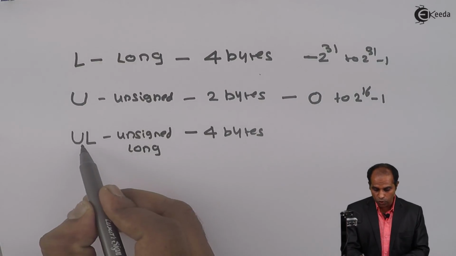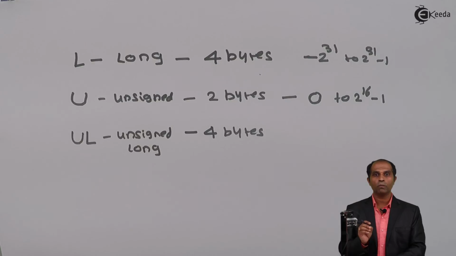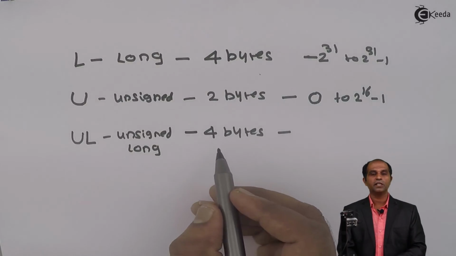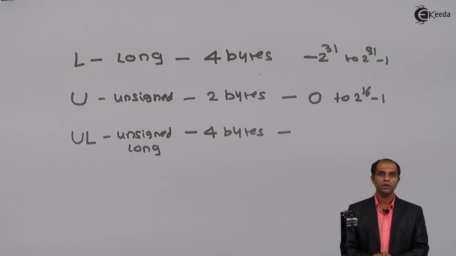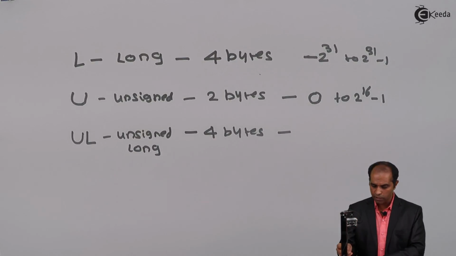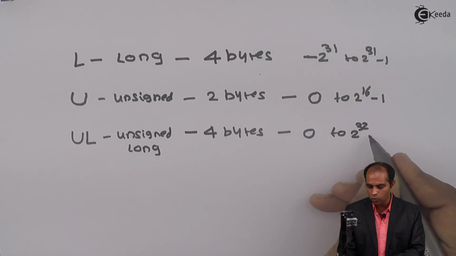As a character U is associated, this says that this is going to store purely positive values, hence the range will make a big difference. So 4 bytes is 32 bits. We are not going to give any single bit for sign. So all the 32 bits will be used for the number itself. So hence the range of the numbers starts with 0 and it ends up at 2 raised to 32 minus 1.